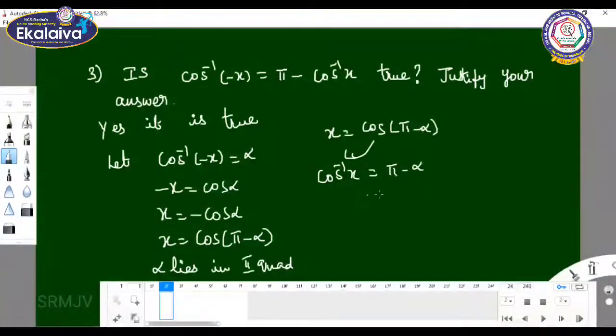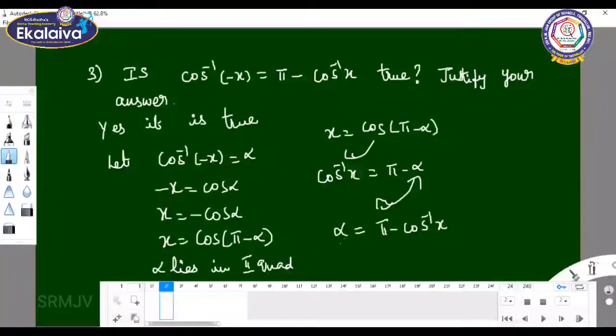Interchanging alpha and cos inverse of x, alpha equals pi minus cos inverse of x.